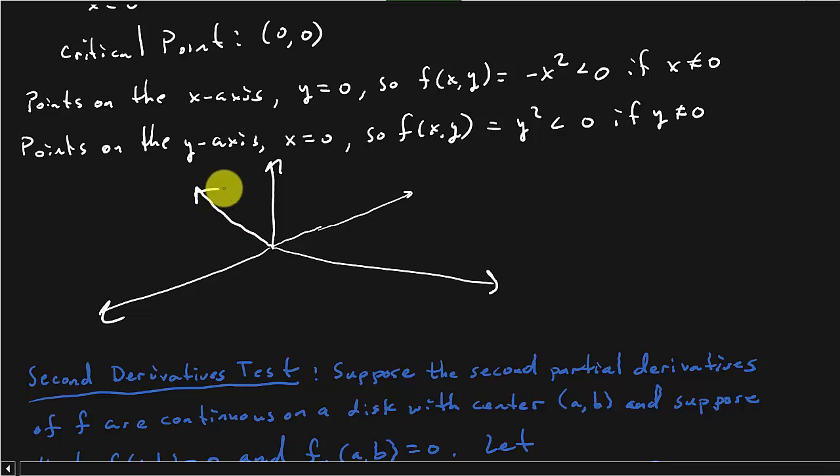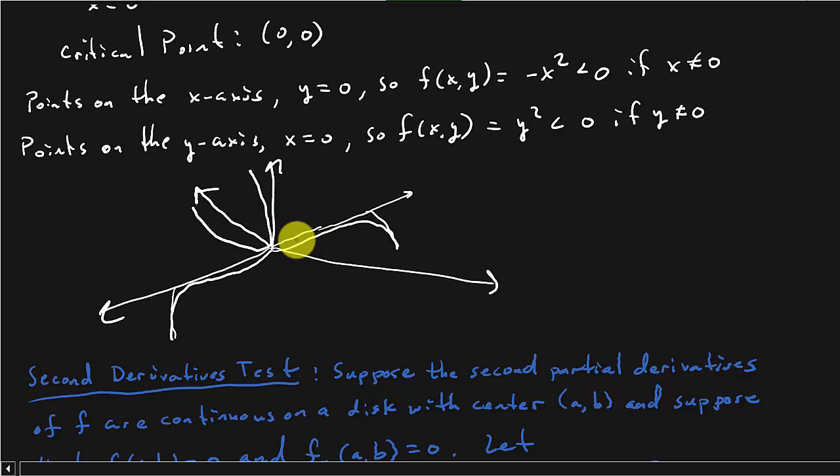The y-axis continues that way. So if I'm going along the x-axis, you got to understand that these values are negative. It's coming like this. I can't draw it that good, but that's what it's doing. And then if I'm going along the y-axis, the values are positive, so they're going up like this.